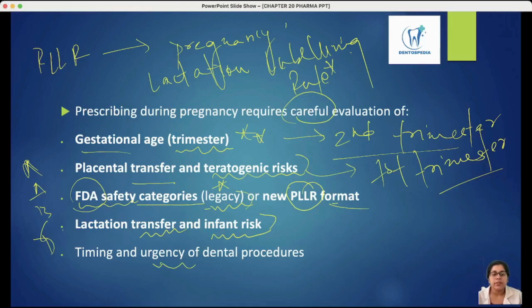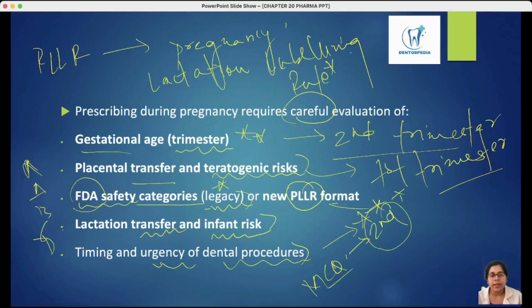Timing and urgency of the dental procedure: you have to remember this for MCQs and also for clinical practice, that the second trimester is preferable for any pregnant lady to have any medication or dental treatment. But if there is some urgency or emergency, they can have treatment in the first and the third trimester with utmost caution.